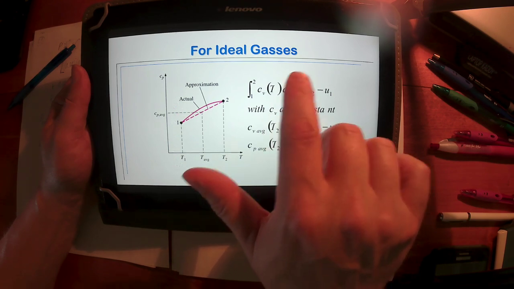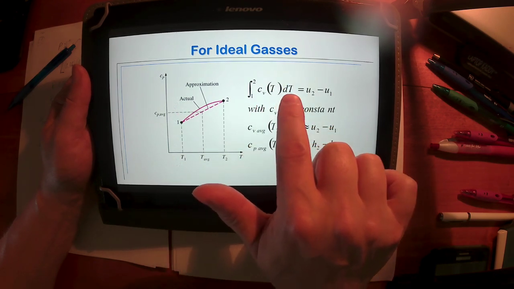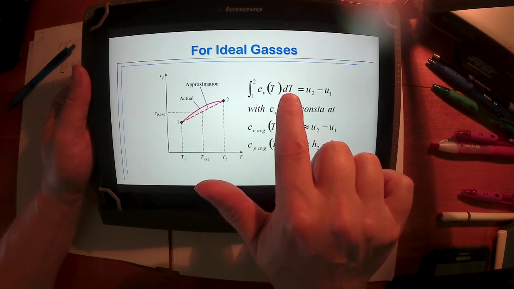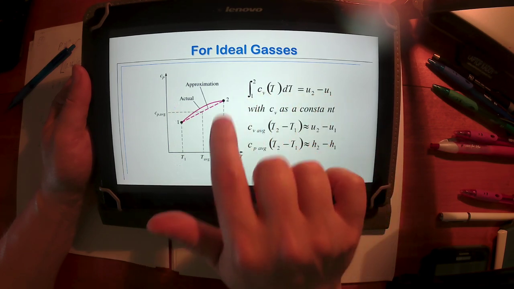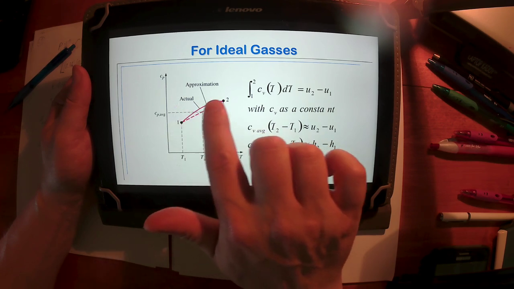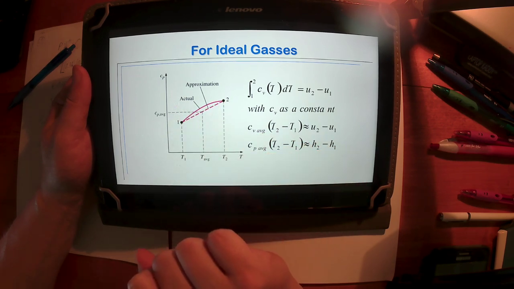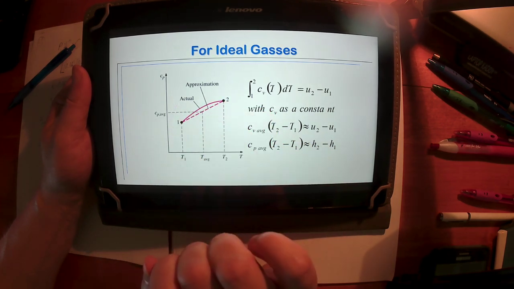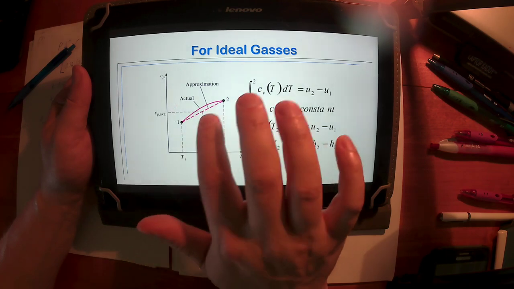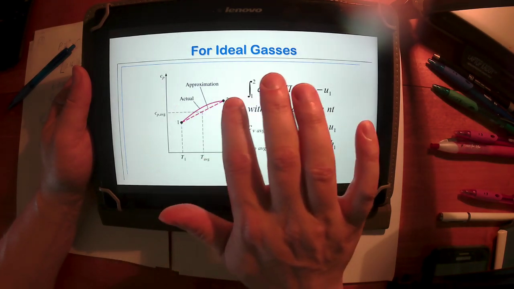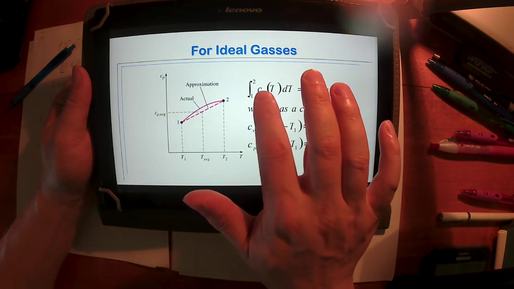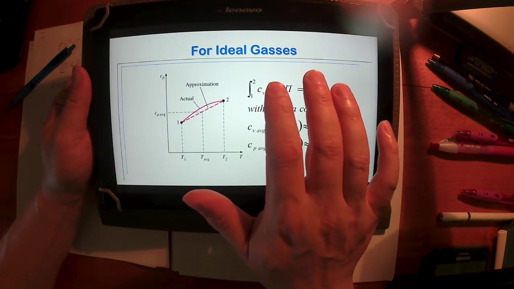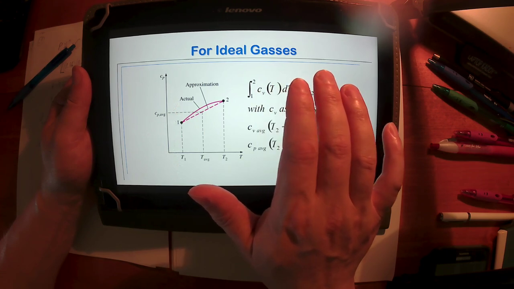Again, the integral of C sub v as a function of temperature with respect to temperature is equal to delta U. So that means I need C sub v as a function of temperature. Well, it's going to be, again, a third-order polynomial. But over a small temperature change, if you can approximate this as a linear function, meaning a constant slope, C sub v is just going to be C sub v delta t.